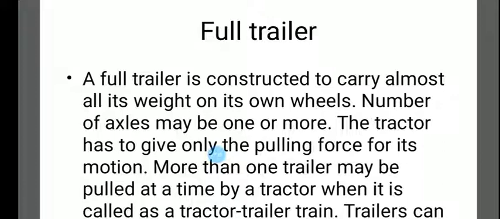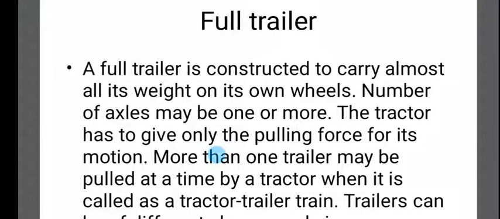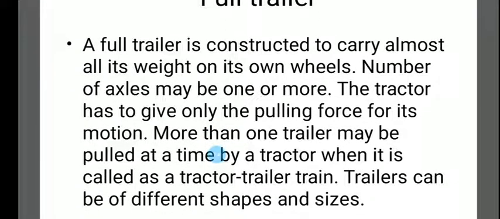More than one trailer may be pulled at a time by a tractor, when it is called a tractor trailer train.